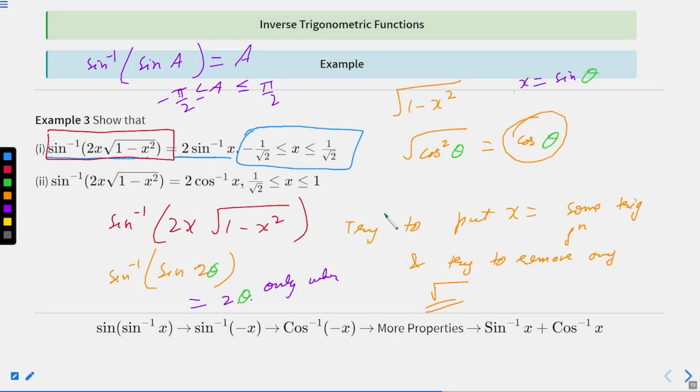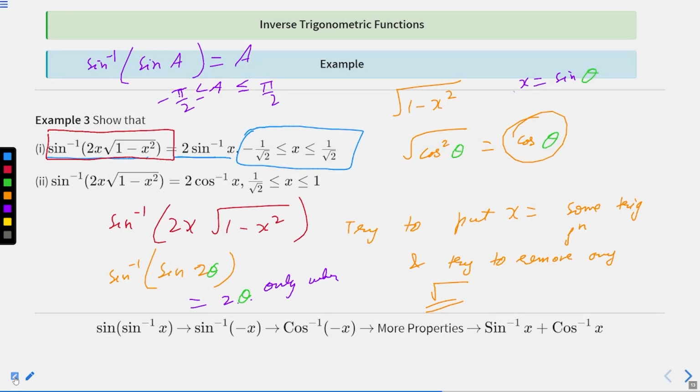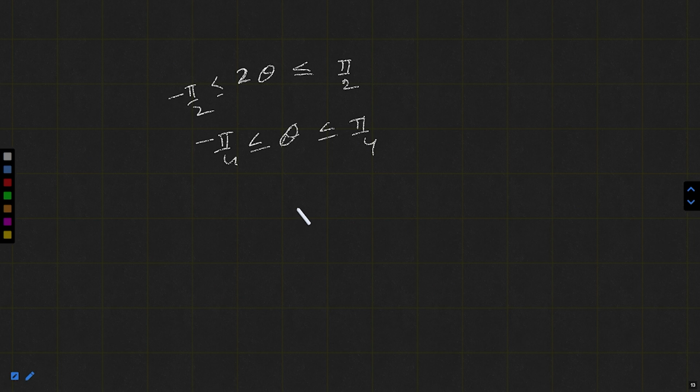So if theta is from minus pi by 4 to pi by 4, look at the sine function graph, sine theta. Theta belongs to minus pi by 4 to pi by 4. Somewhere here we will have minus pi by 4 and somewhere here plus pi by 4.